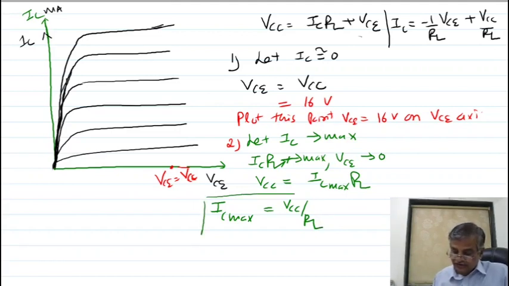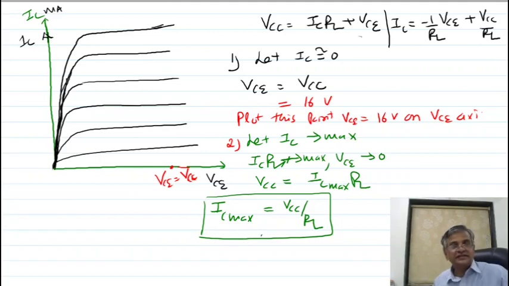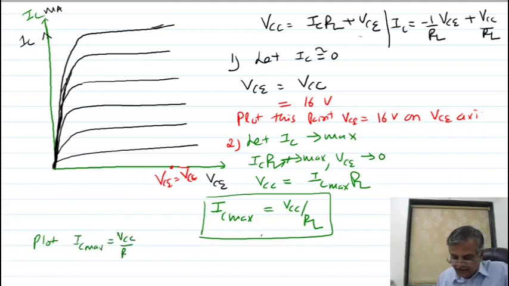So plot this point on the y-axis: IC maximum is equal to VCC by RL. Here VCC is 16 volt and RL is 400 ohm, so you get 40 milliampere. Just to explain, I have taken these values. So the maximum current, VCC by RL, is 40 milliampere.